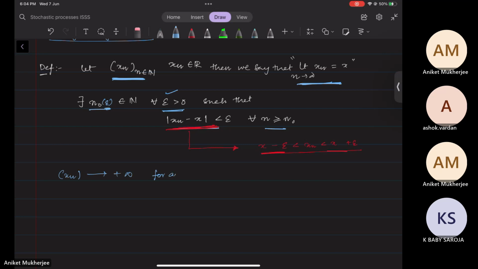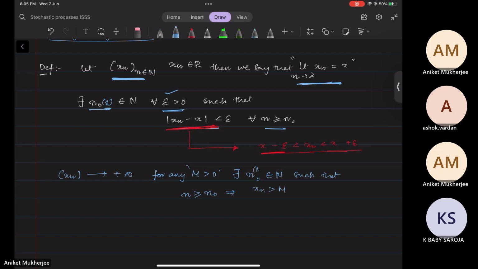So for any m greater than 0, there exists n naught belongs to natural numbers such that for all n greater than or equal to n naught implies xn is greater than m.